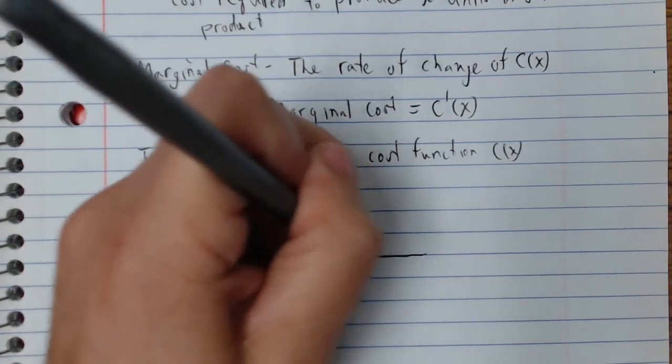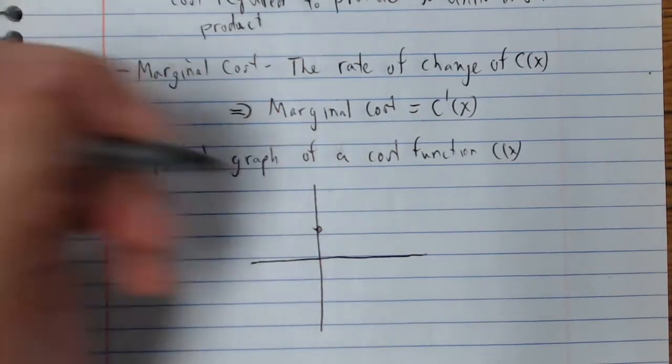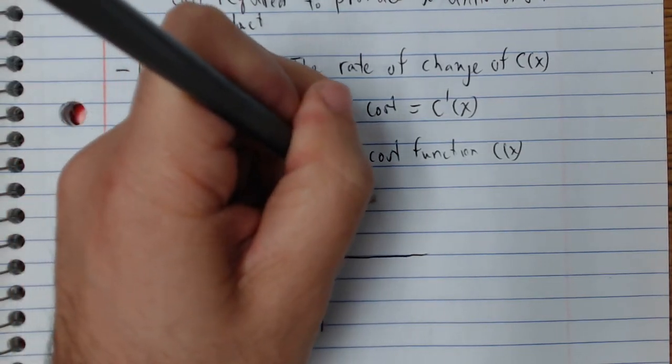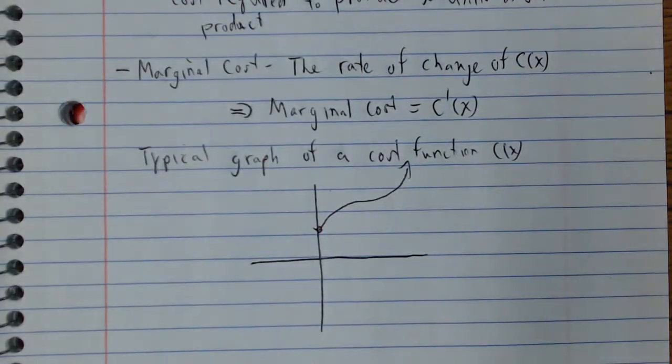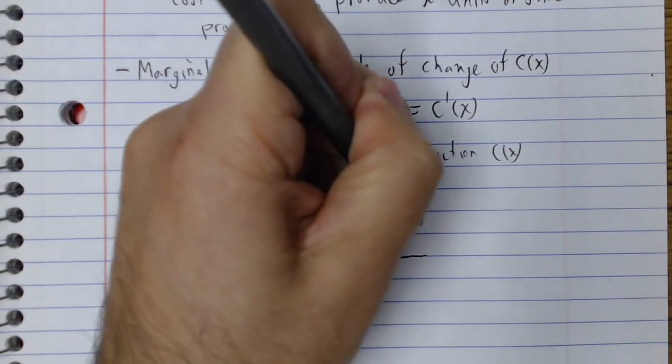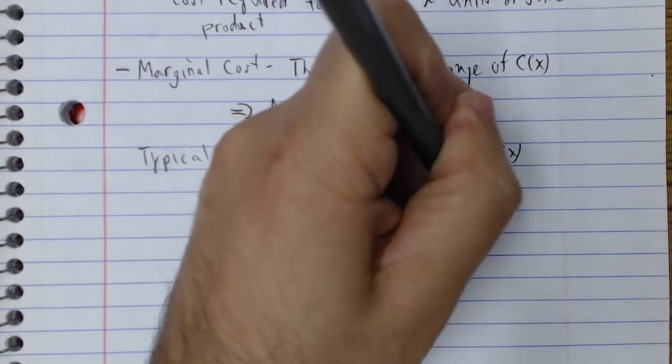So if I have a function, of course we have our fixed costs in the beginning, and then it usually tends to have this type of look to it, where this right here shows that we have a point of inflection.